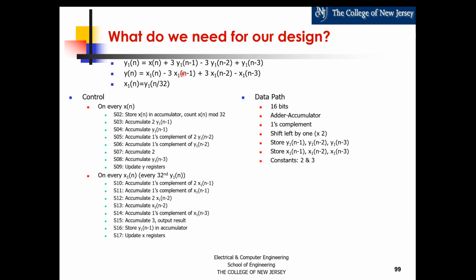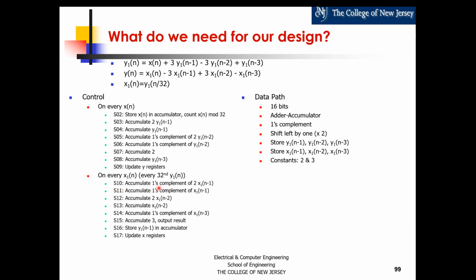So basically, I keep on producing my X of N at the top. But every 32nd instance of the input, I'm going to make this Y the X1 here for the bottom part, the one that runs slower, to implement this relationship, the second one.